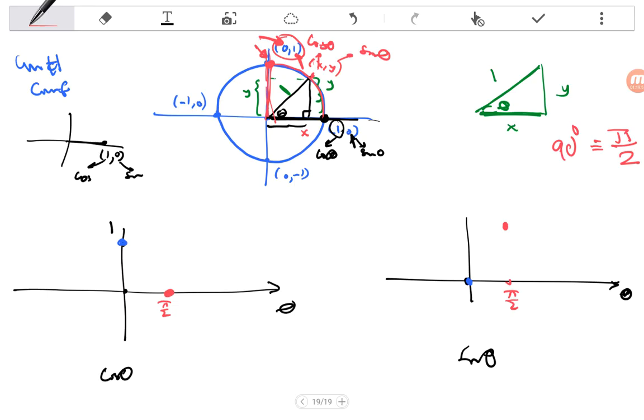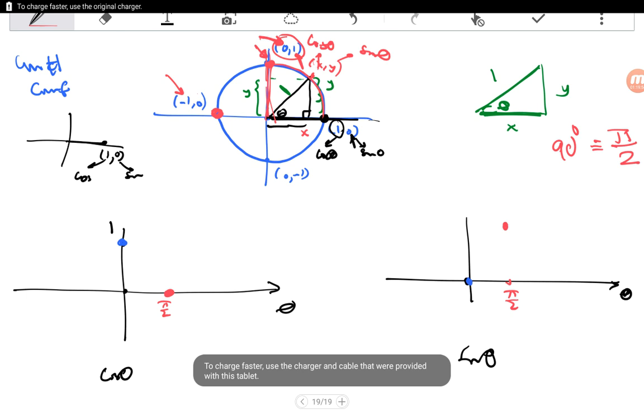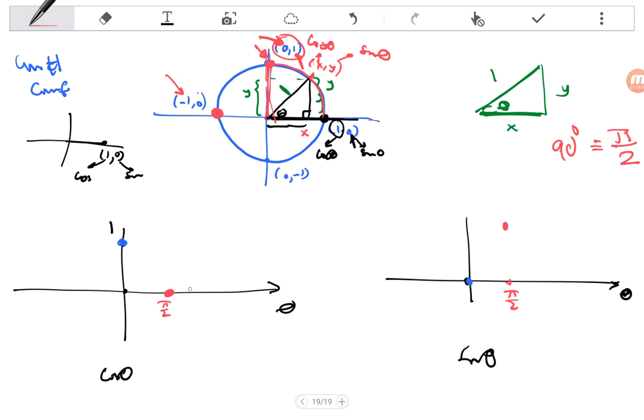If I continue in a similar pattern, for this point which is negative 1 and 0, the cosine will be negative 1 and the sine will be 0. Then when I continue to get to this point, the cosine will be 0 and the sine will be negative 1, and so on.